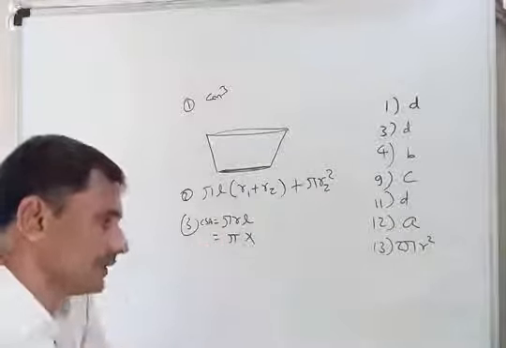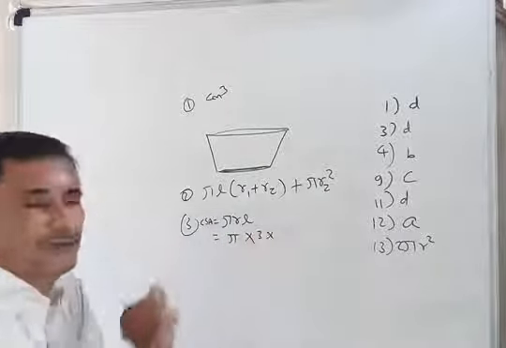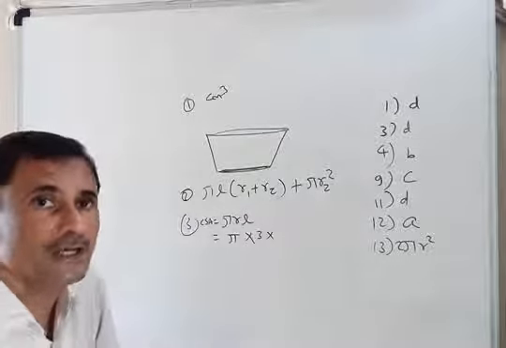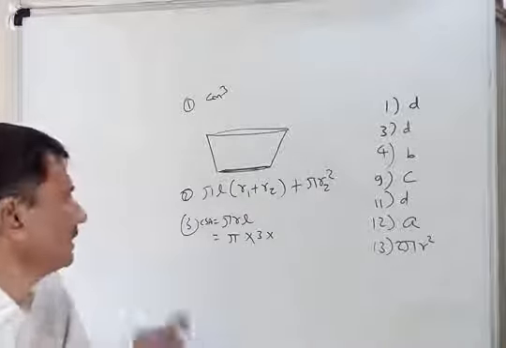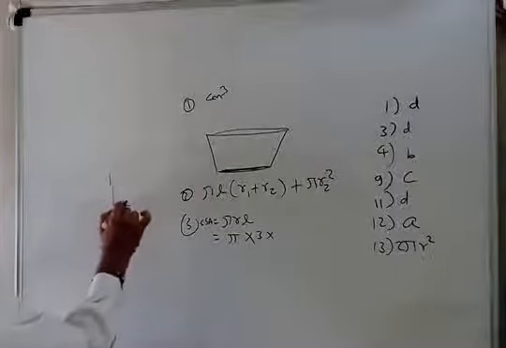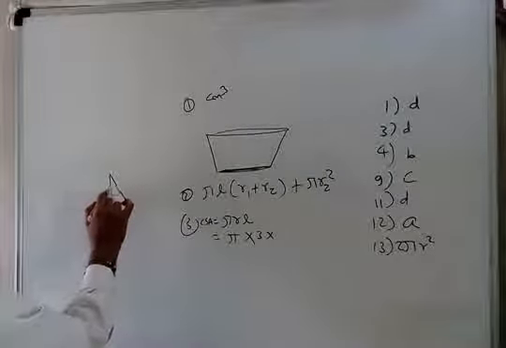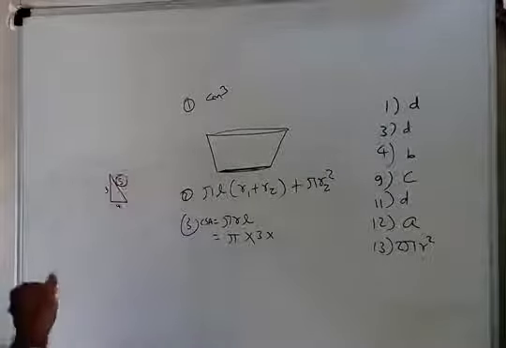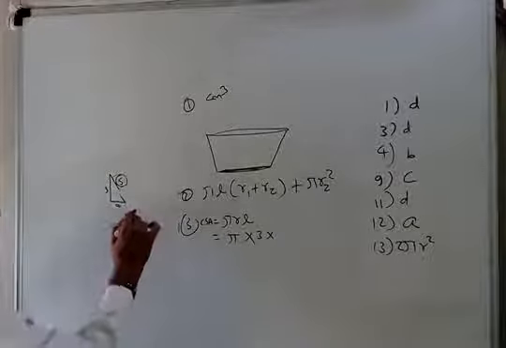R is given as 3, but slant height is not given, only height. But whenever they are 3 and 4, the slant height will be 5 only. You remember that triple, otherwise it is the Pythagoras formula.